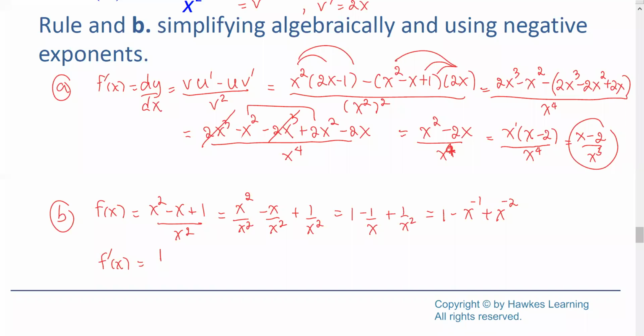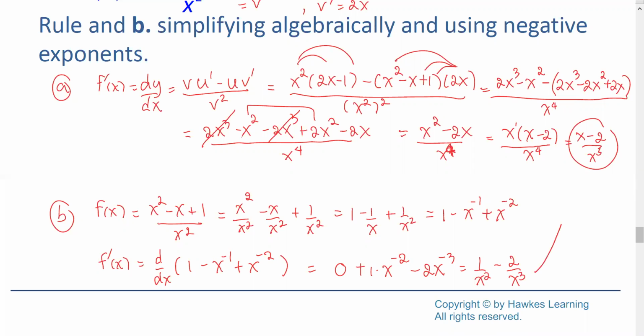The derivative with respect to x of 1 minus x to the negative first plus x to the negative second equals 0 plus 1 times x to the negative second minus 2 times x to the negative third, or we get 1 over x squared minus 2 over x to the third, which is equivalent to the solution we obtained by using the quotient rule.